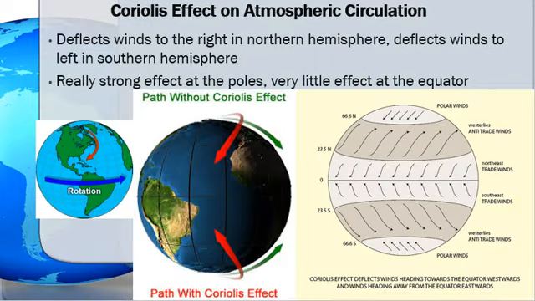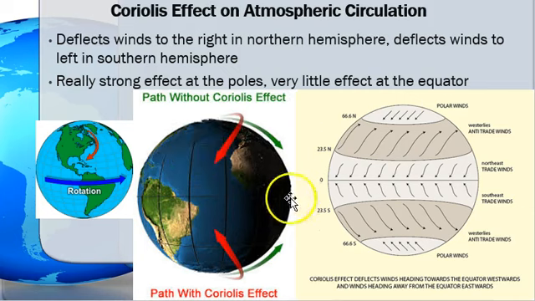And what the Coriolis effect is really going to mean to us is it's going to spin our winds in different directions. So without the Coriolis effect, because the North Pole has such cold air pressing down, this would be our high pressure area, and the equator has a very low pressure area there because it has such warm air, so that's going to go upwards.